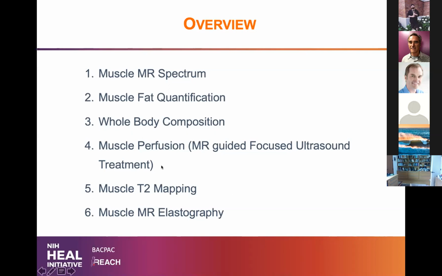And another topic is T2 mapping and muscle MR elastography. MRI and imaging and spectroscopy for muscle is a pretty wide field, so I'm not going to cover everything. For example, diffusion MRI is not going to be a part of my talk. So it's going to be mostly what we do at UCSF, or also what we want to do in the future.